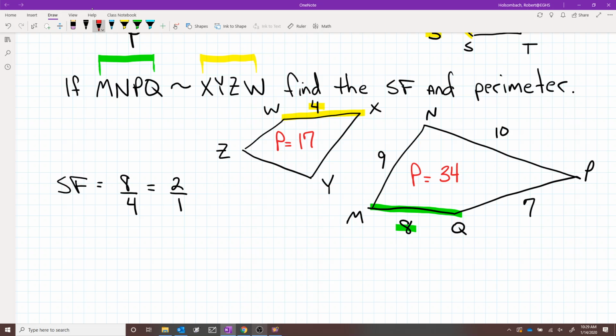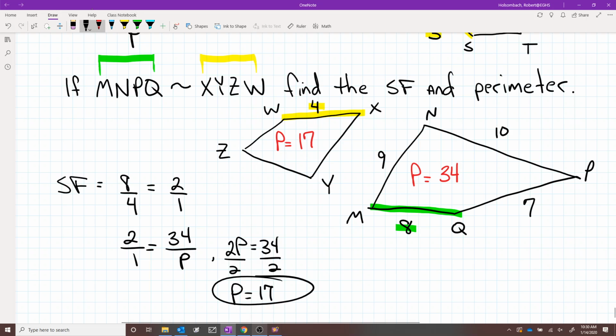Okay. If you did it by writing a proportion, you would say that 2 to 1, which is your scale factor, is equal to 34 over P. When you crisscross multiply that, you get 2P equals 34. If you divide by 2, then P equals 17.